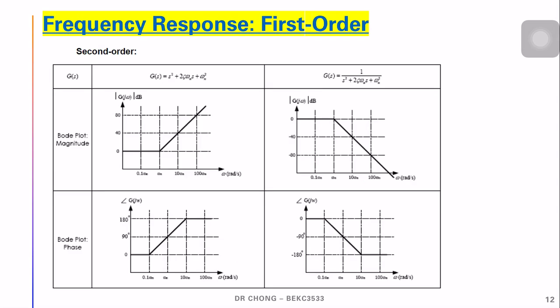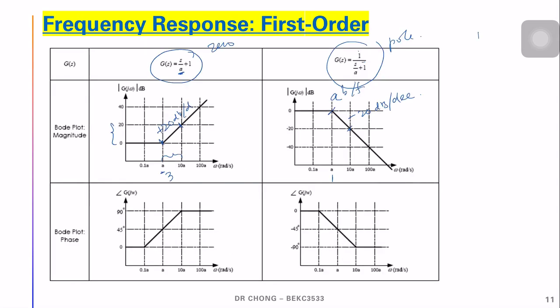Why does that happen? Because refer to this slide. When you have the 0, let's say at A, so you see here is the A. Okay, what makes the inclination change is only 1 decade before the value of the break frequency, and 1 decade after the A, the break frequency.